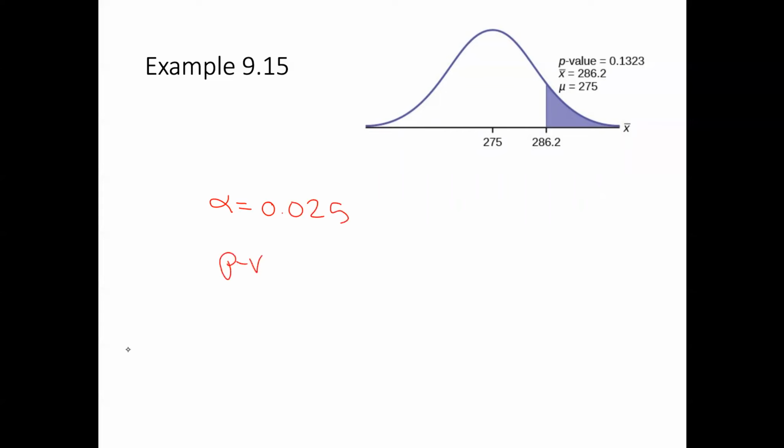So the p-value is greater than alpha. If the p is high, the null must fly. So we fail to reject the null hypothesis. The sample data does not support the claim that the mean weight bench pressed by these players is greater than 275 pounds. So our sample data does not support that conclusion.